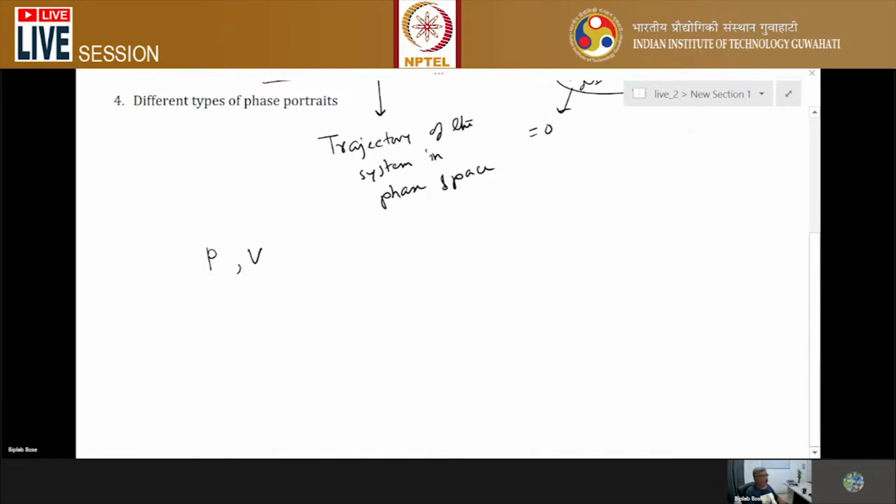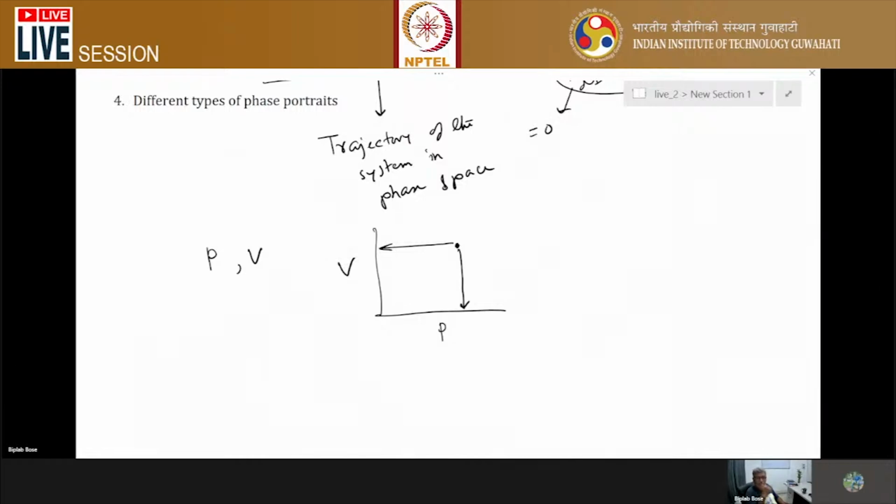If I know the pressure and volume, we can answer lots of questions about the system. Then I can draw a phase plane. It will be a plane because it is two-dimensional. I can plot P versus V, and suppose the balloon is somewhere here. This is the pressure of the balloon, and the volume of the gas is this one. So this is my phase diagram in a way.